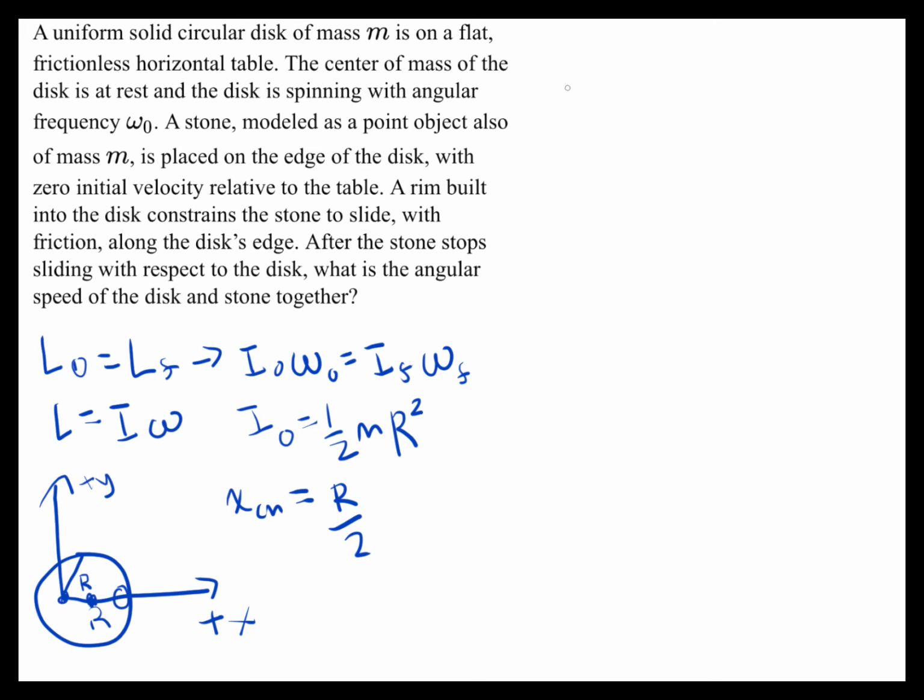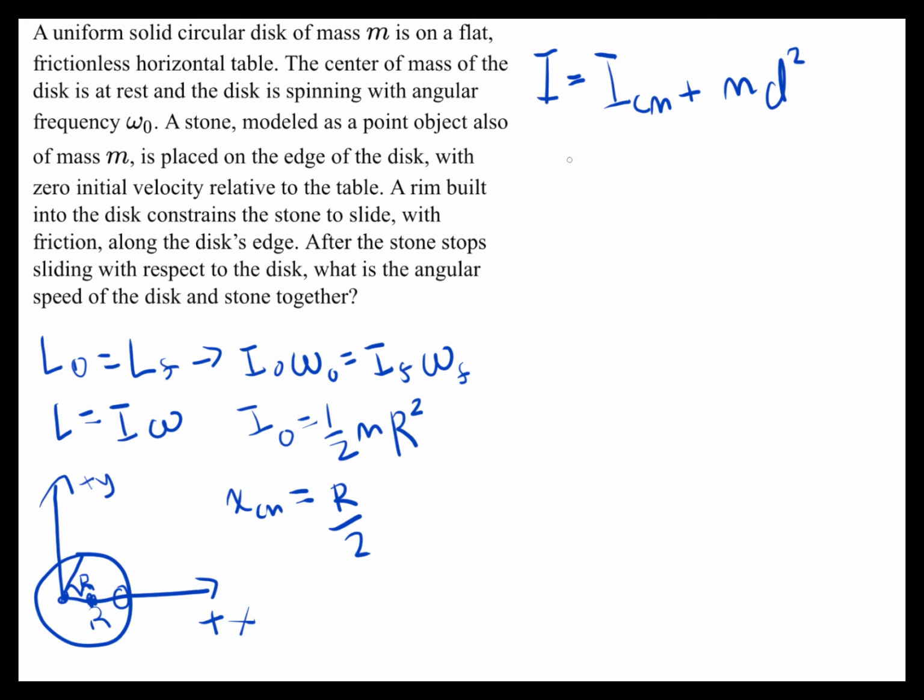The parallel axis theorem says that the new moment of inertia is the moment of inertia about the center of mass plus the mass times the distance to the original center of mass squared.